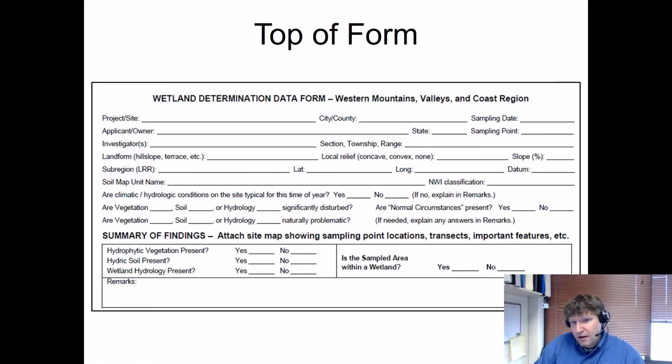There's also the question of are normal circumstances present? So this antecedent precipitation tool will really help with the climatic and hydrologic conditions being typical, but it also plays into the normal circumstances question.